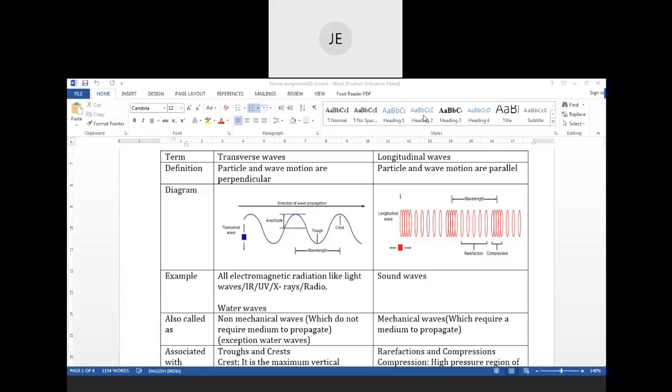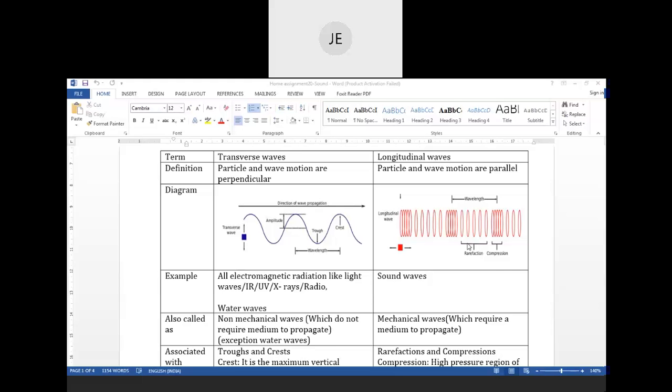In water waves, to understand that particle and wave motion are perpendicular, you leave a wooden block on the surface of the water. Then what happens?